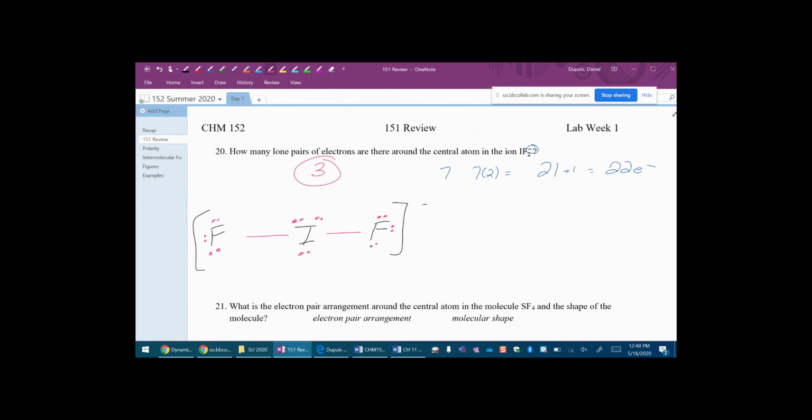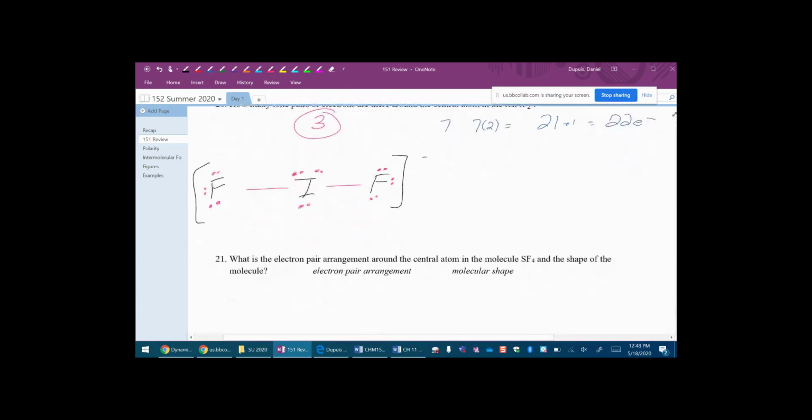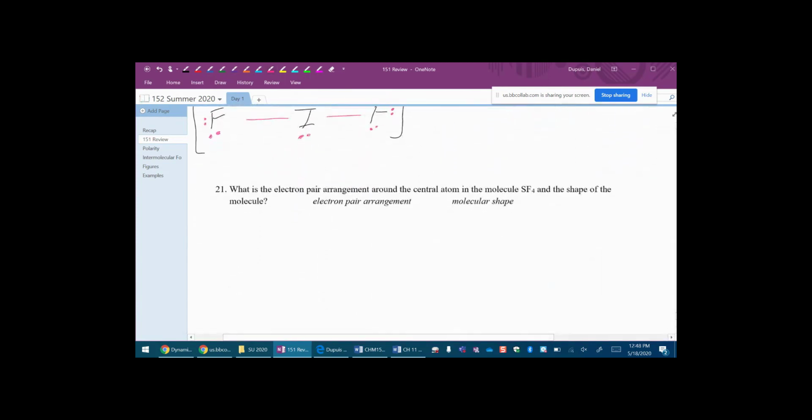All right, so drawing Lewis structures, fun stuff. SF4, I want the shape and the electron pair arrangement. So electrons for SF4, sulfur has 6 electrons, and 7 times 4, so that's 28 and 6.